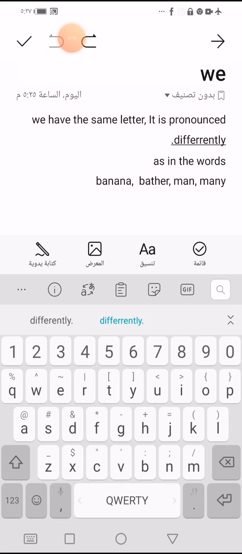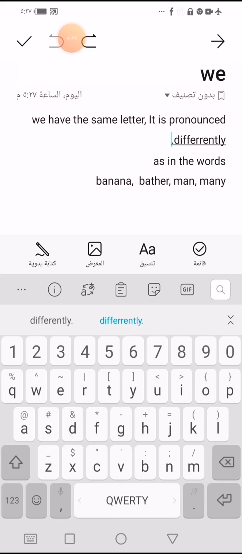And then this is also different from how we pronounce the word man, which is different from the pronunciation of the letter a in many. Let me repeat: banana, bather, man, and then many.